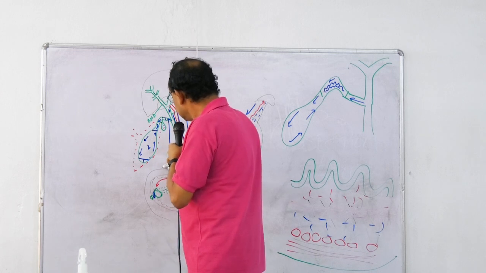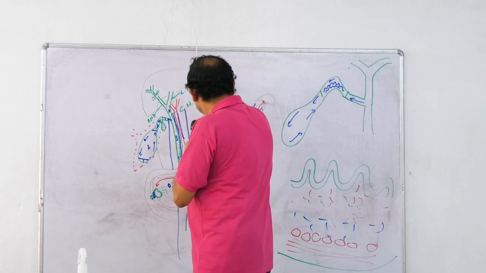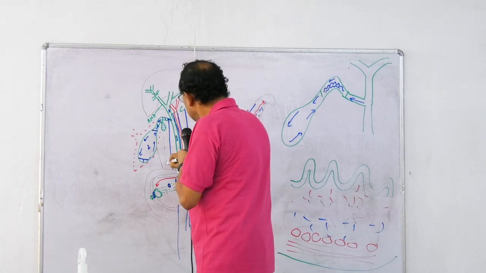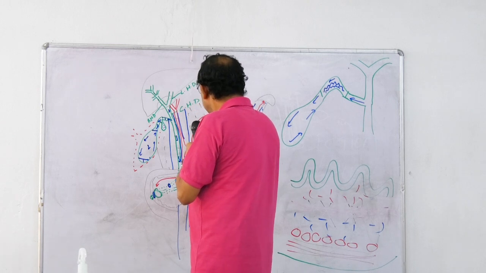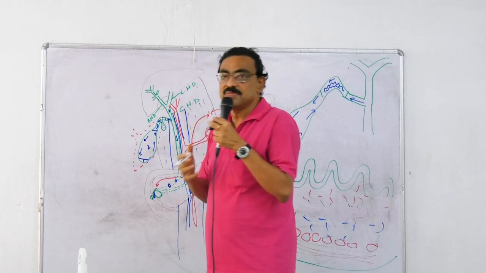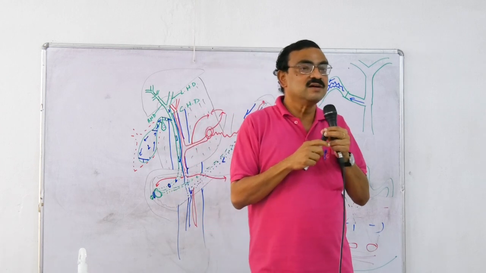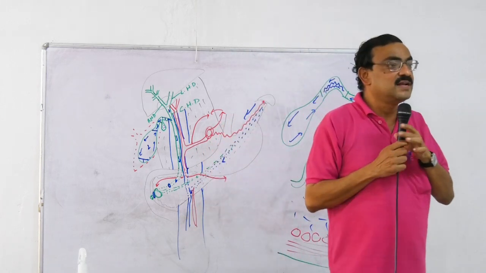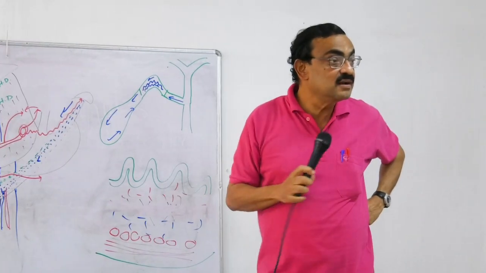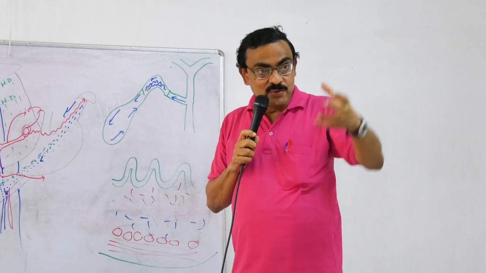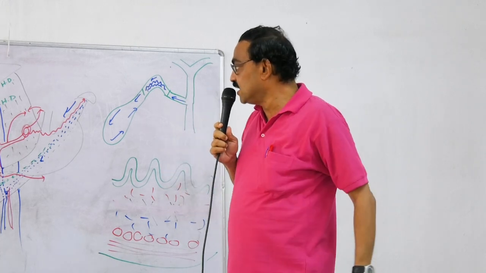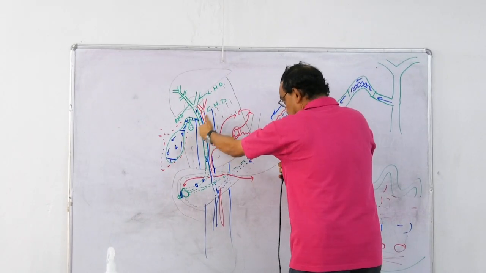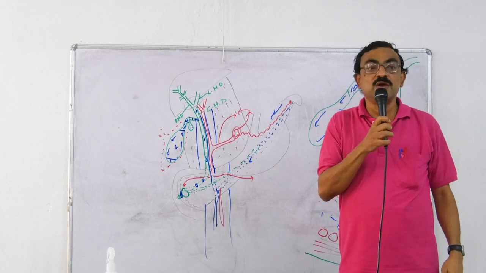In this area we get a peritoneal covering from the liver to the stomach. This is the peritoneal fold, that is nothing but the lesser omentum. And we have seen the free border within the lesser omentum. If we pass a finger behind, we will enter into the epiploic foramen.